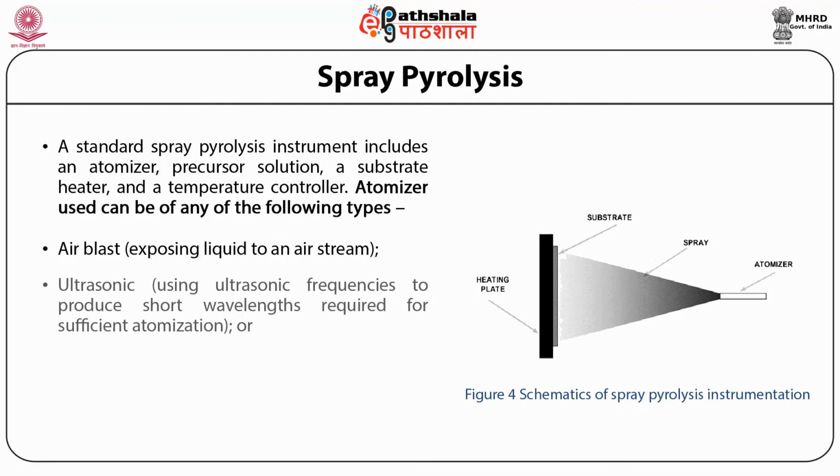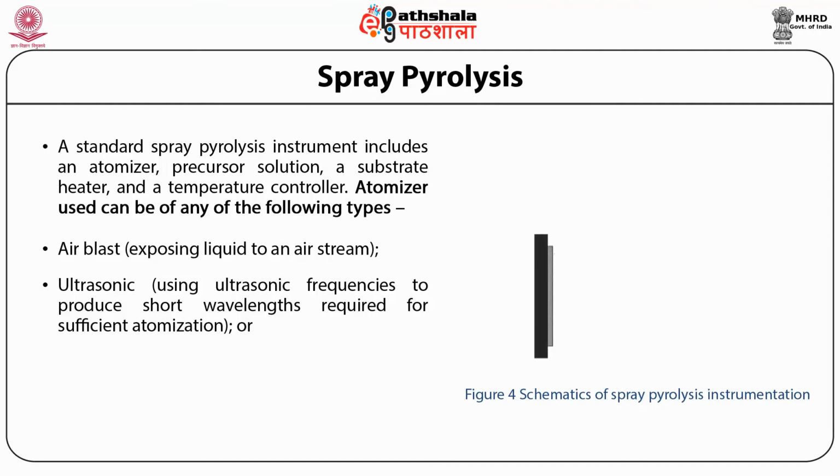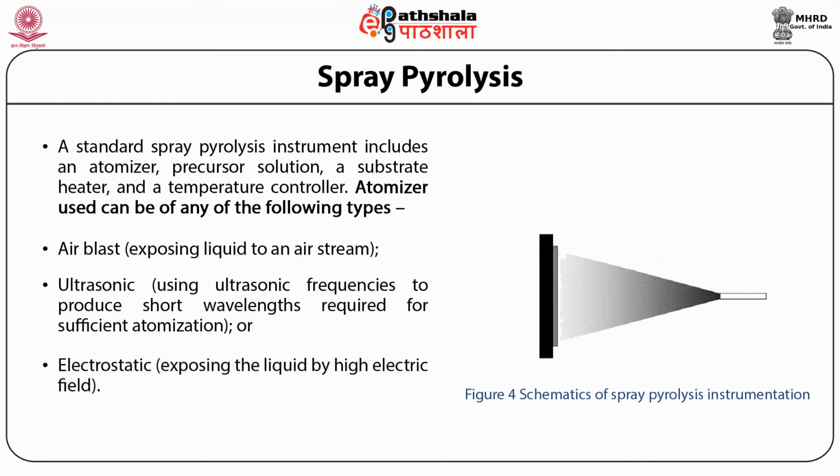B. Ultrasonic, that is using ultrasonic frequencies to produce short wavelengths which are required for sufficient atomization. Or C. Electrostatic, that is exposing the liquid to a high electric field.